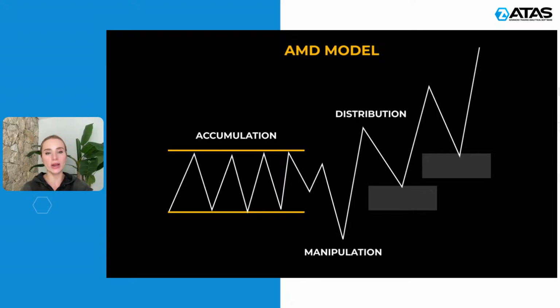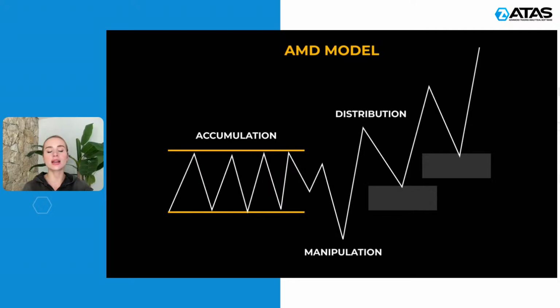So the key point in the AMD model is that the market always alternates between balance and trend. In balance, price moves inside of a narrow range, supply and demand are roughly equal, the volume profile increases, so the histogram increases, and periodically that balance breaks, where the phase of accumulation is ended and manipulation or distribution begins.